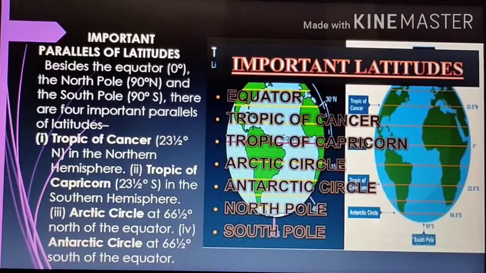Now, talking of some important parallels of latitudes, besides the equator, that is 0 degree, the North Pole, that is 90 degrees north, and the South Pole, that is 90 degrees south, there are four important parallels of latitude. First is the Tropic of Cancer, which is 23 and a half degrees north in the northern hemisphere.